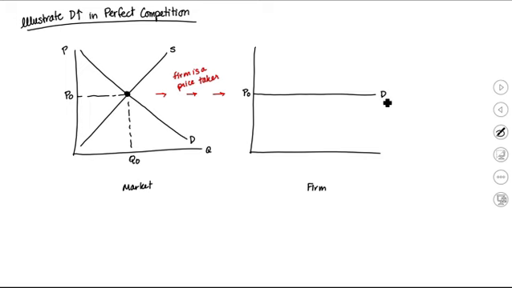Homogeneous products and a world where information is perfect. Do you see how those come together? So because I'm a firm selling an identical product to everyone else, I can't sell a penny above P0. If I try to raise my price above P0, no one's buying from me because everyone else has perfect substitutes. All right. So then we've got our marginal cost curve, right? And everyone knows how to find output at this point, right?